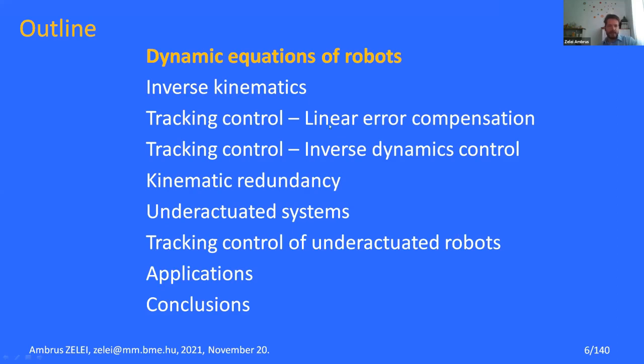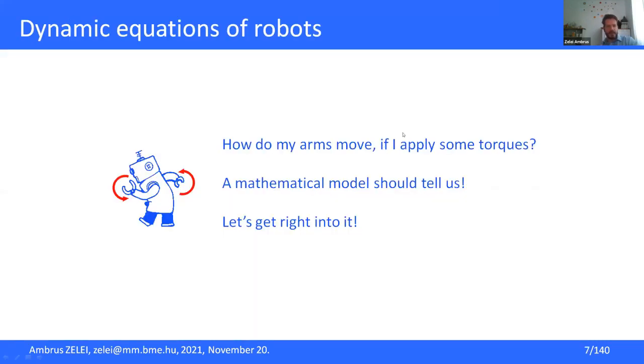So let's go into the details of dynamic equations of robots. The idea is that if I have a robot, or if I'm a robot, I would like to know what happens if I'm activating my motors or actuators. It's like in the case of children when they are learning how to move their body parts.